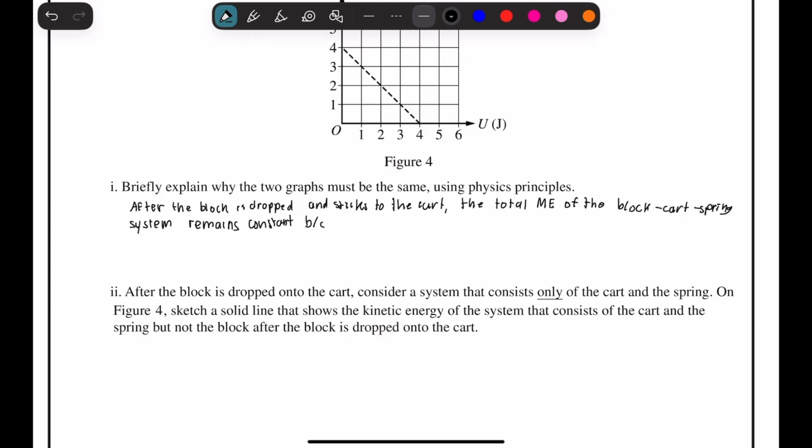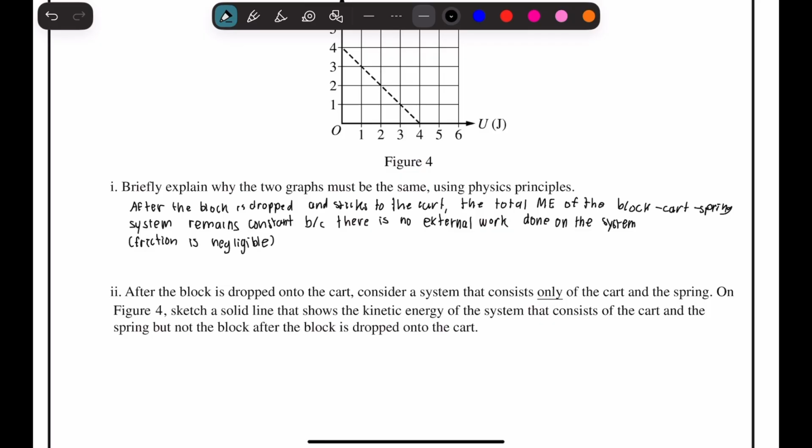because there is no external work done on the system. And that's because friction is negligible.